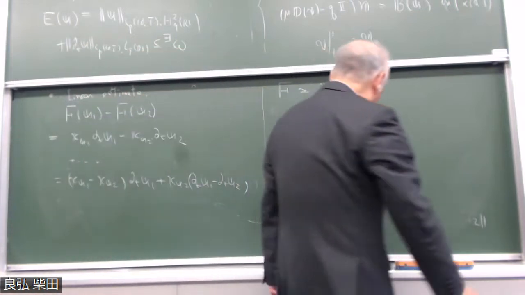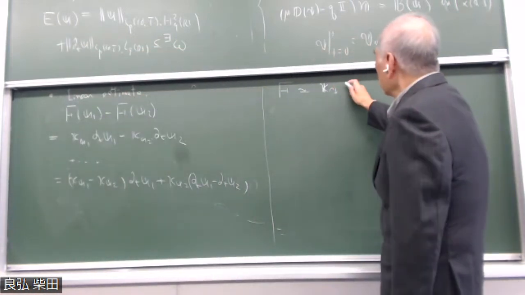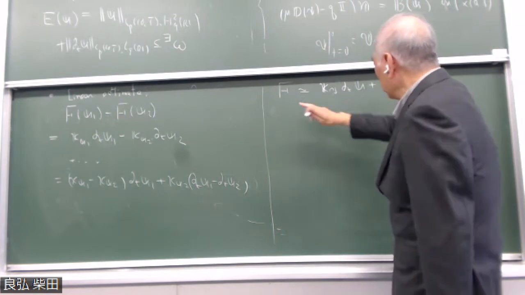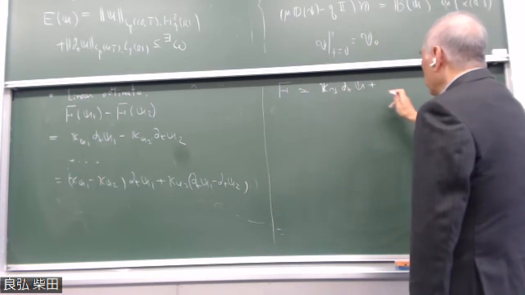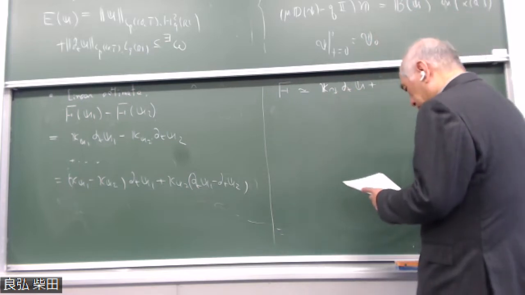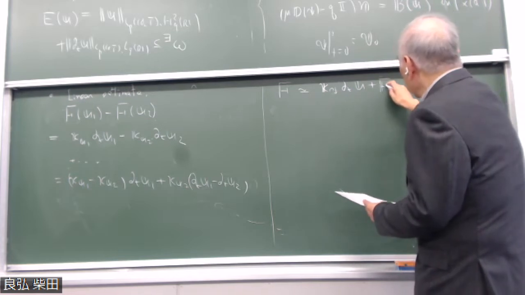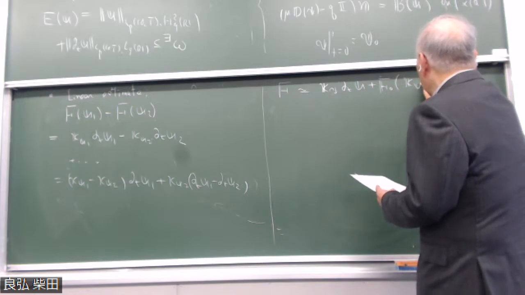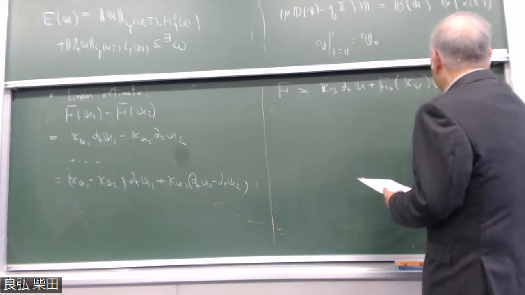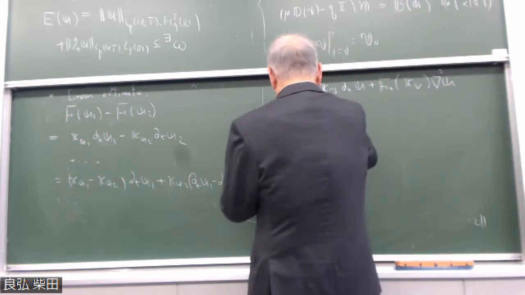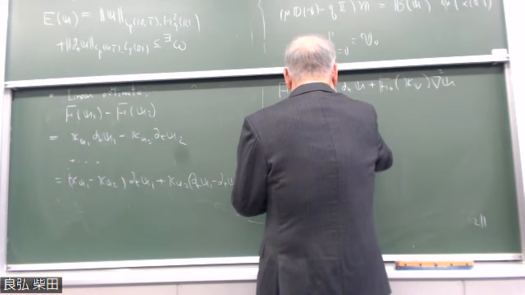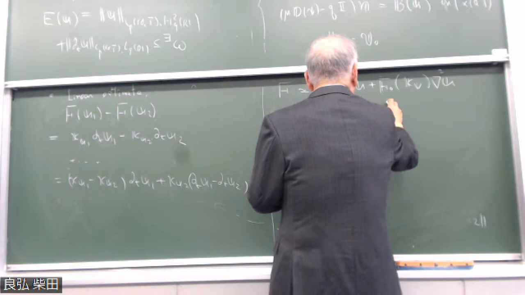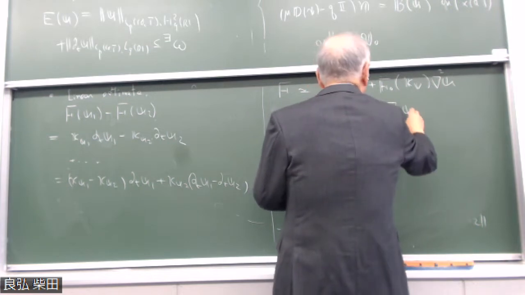Therefore, for convenience, we consider, for example, F_k is K_b d_t u, and F_0 is K_b times the second derivative of u, and nabla K_b times nabla u.